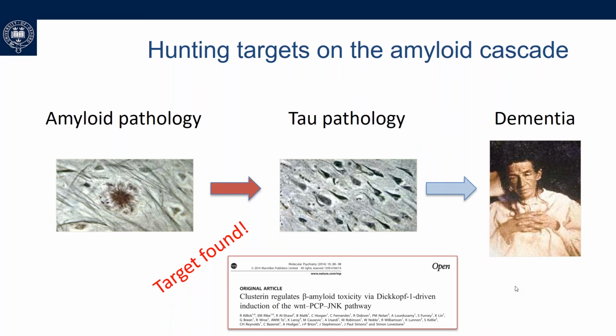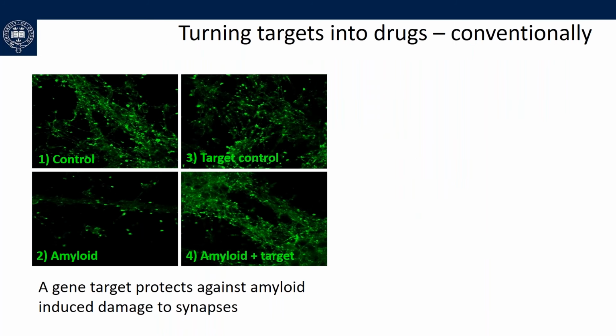But if you want to read a paper, there's a paper that describes the early part of this work. The detail of it really doesn't matter for the purpose I'm describing now, but we think we've got a target that is where that red arrow lies. It mediates the effect of amyloid on neurons and then transmits the Alzheimer's disease pathology. So if you take my word for it, we've found a molecular target. Next slide. How can we develop that a little more?